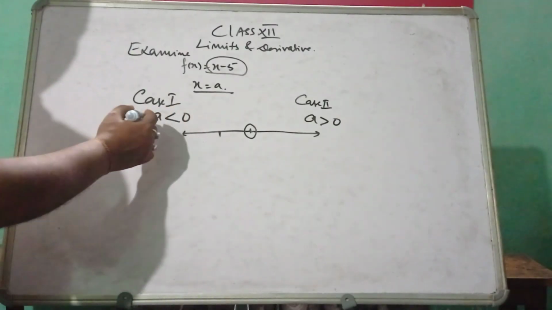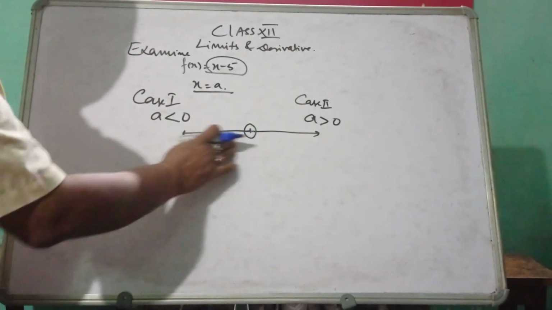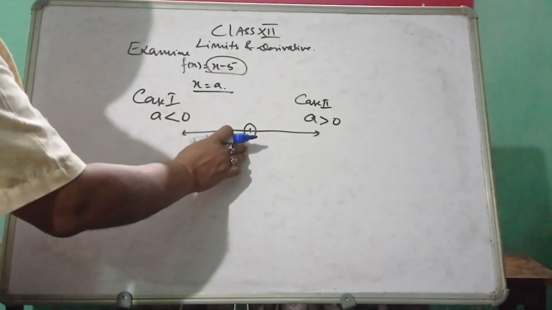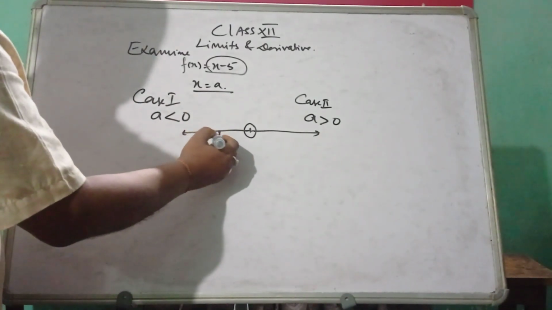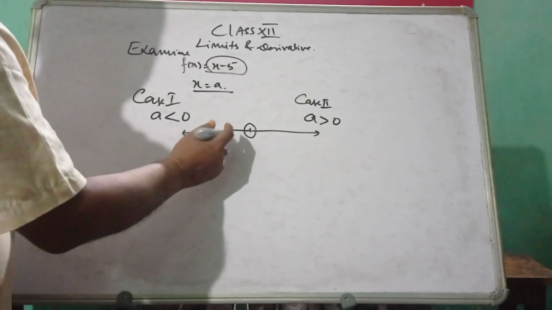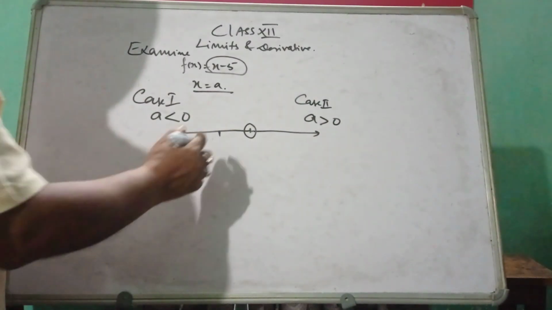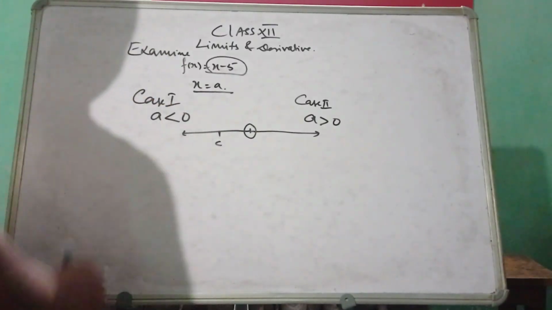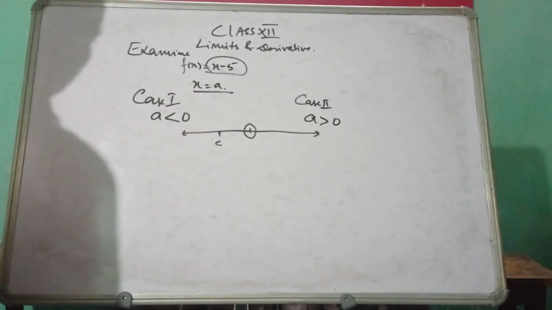So you take a case that is a less than 1. Here you are considering this side, that means less than a. Let us take some point less than a. You can take a, or you can take c, some point which is less than a.